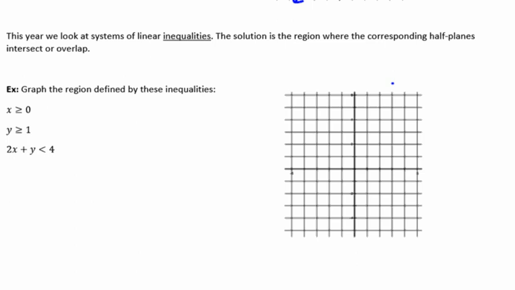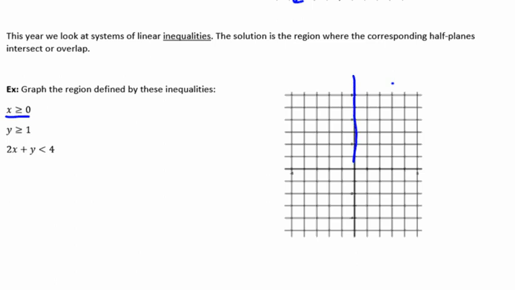So we have x is greater than or equal to 0, y is greater than or equal to 1, and then we have 2x plus y is less than 4. So x is greater than or equal to 0. We want a solid line because it's greater than or equal to something, and that's going to be our vertical line. So this one will be blue.